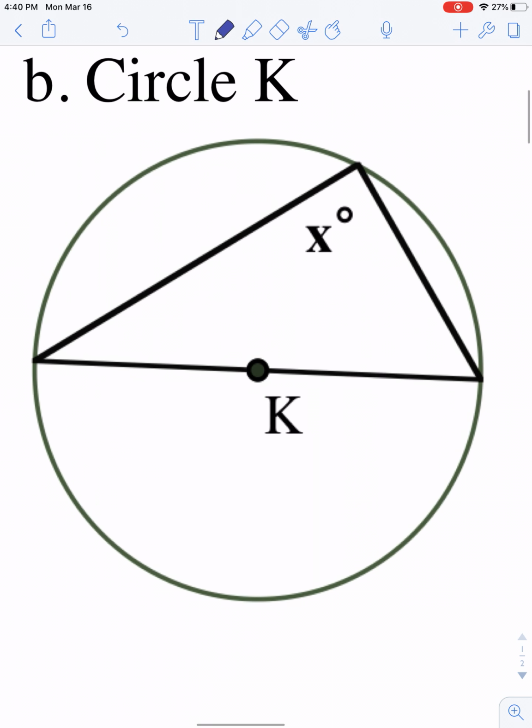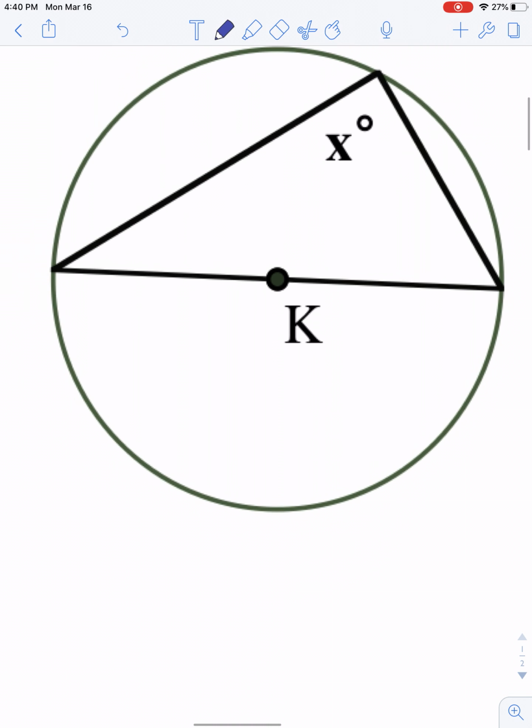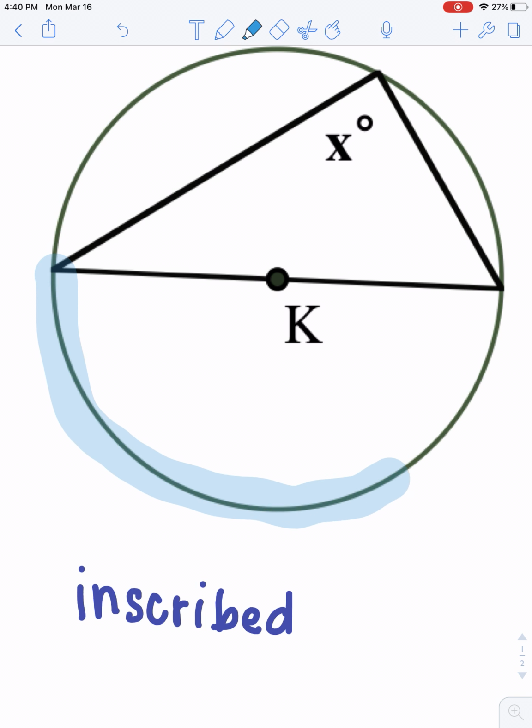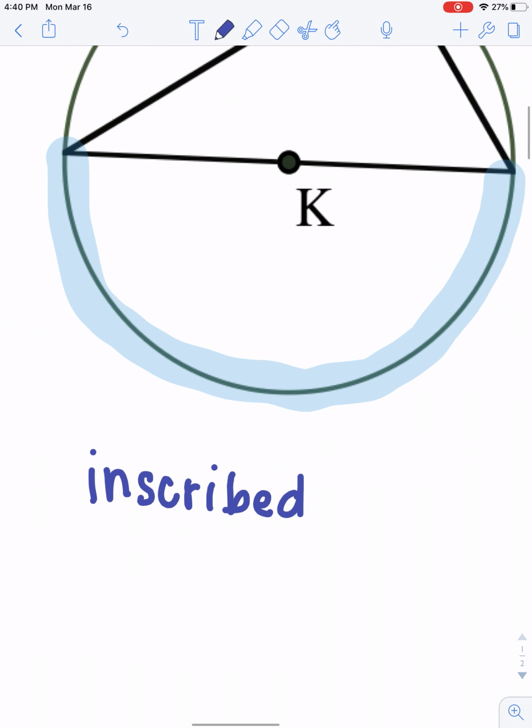Looking at example B with circle K, again we see that the vertex lies on the circle, so we have an inscribed angle. The difference here, though, is we're trying to figure out the angle measure, but what is the measure of the intercepted arc? Well, since this is creating a semicircle, I know that my highlighted area, my intercepted arc, is going to be 180 degrees.